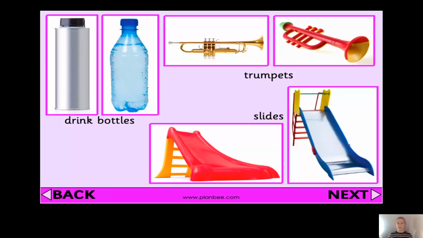Now, what about the slides? We've got a metal slide and a plastic slide. What do you think? Why is metal a suitable material for a slide? Yes, it's suitable because it probably lasts longer, doesn't it, than the plastic one? And it's probably for older children, and you probably go faster on the metal slide, don't you?